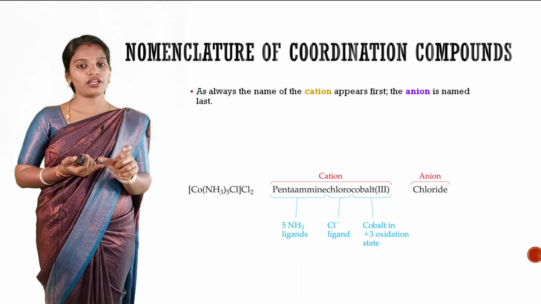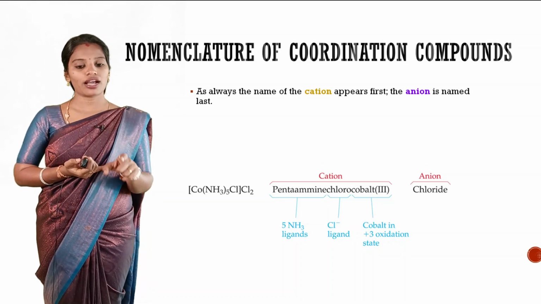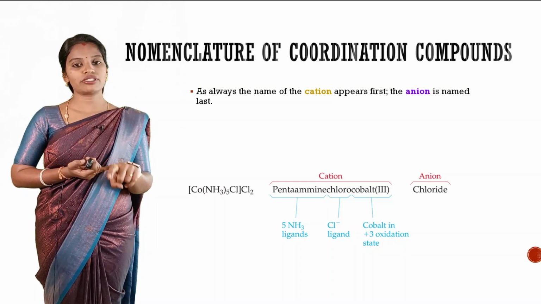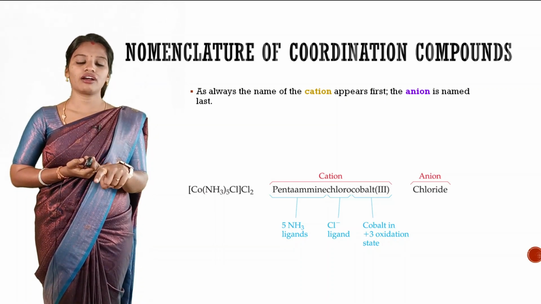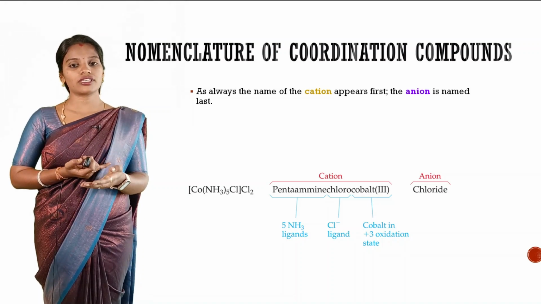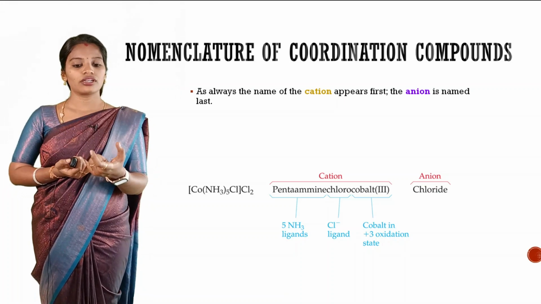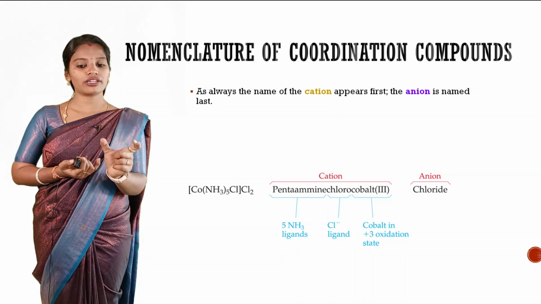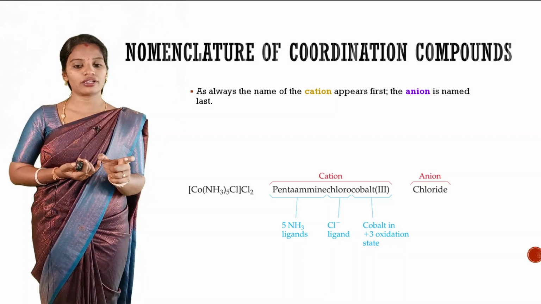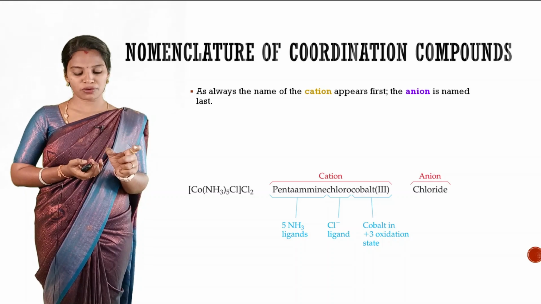While writing the formula, you write the cobalt Co first, then the neutral ligand NH3 five times, and then a charged ligand Cl, and outside the counter ion Cl2, the chloride anion. So within the coordination sphere it is a cation, and outside the coordination sphere it is an anion. This is how you write the name of the complex.